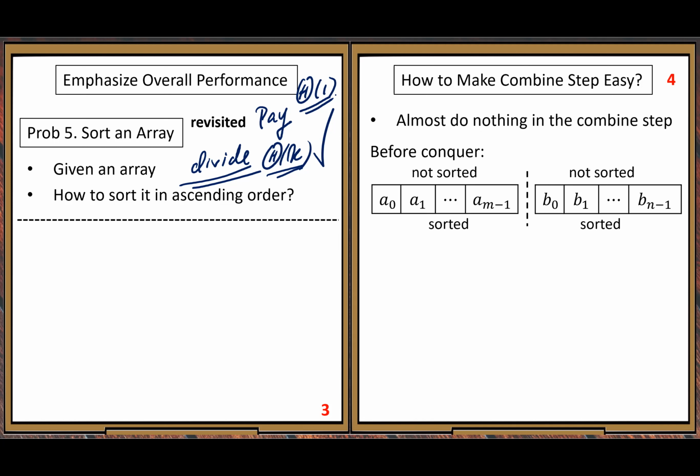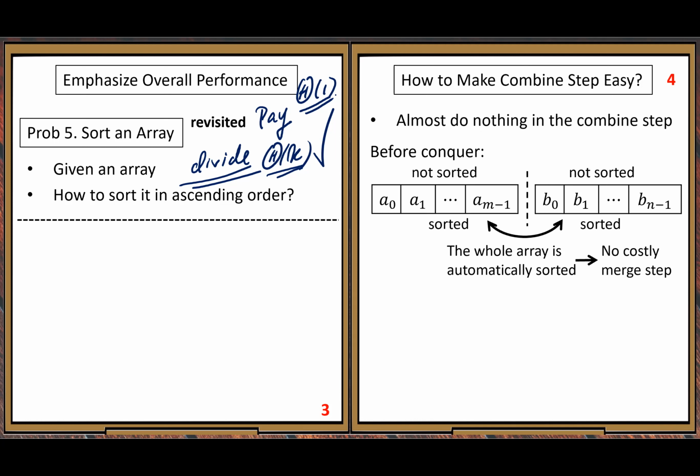Now we want to combine them to get a bigger ordered array, but when we combine them, we don't want to do comparison. The good thing is, if we have a certain property, then we can combine them without any comparison.